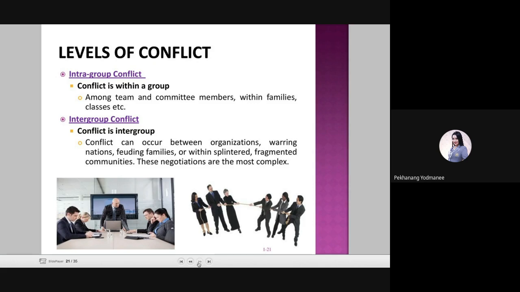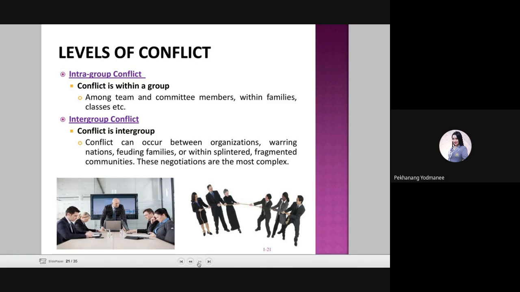And the next one, intergroup conflict. The final level of conflict is intergroup, between organizations, ethnic groups, warring nations, feuding families, or within fragmented communities.